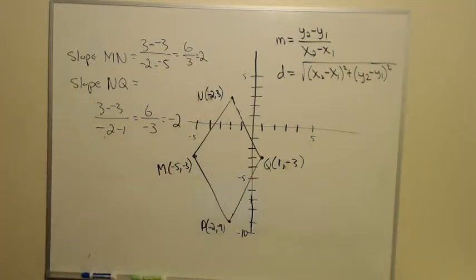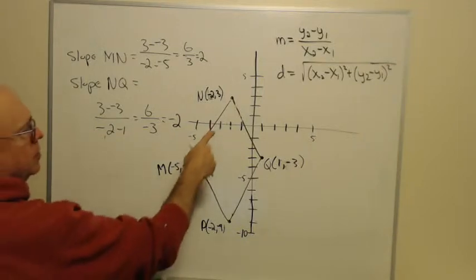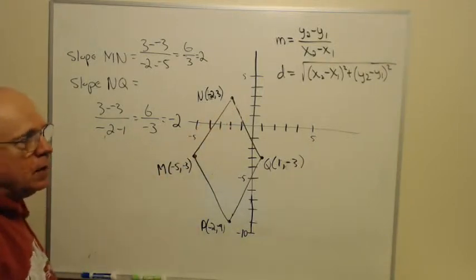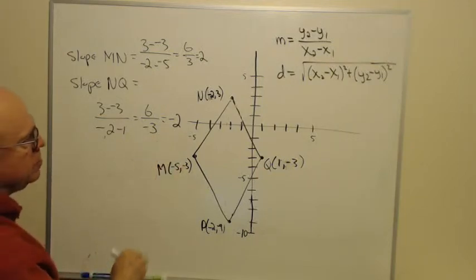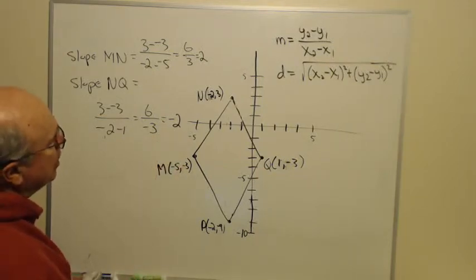Now, what this tells me is that this angle up here is definitely not a right angle. It didn't look like one, but I didn't draw this perfectly to scale, so I wanted to check.